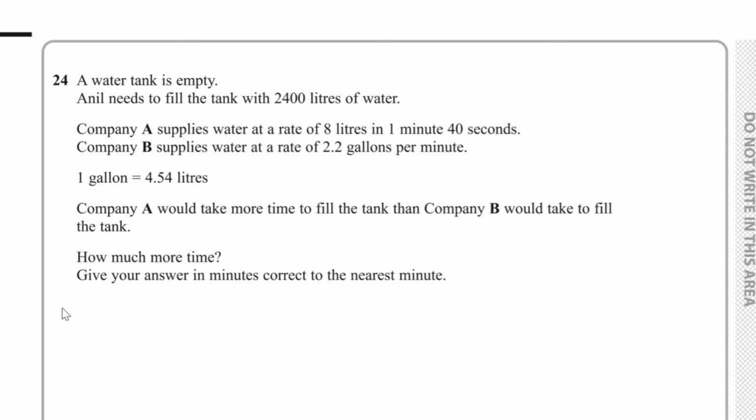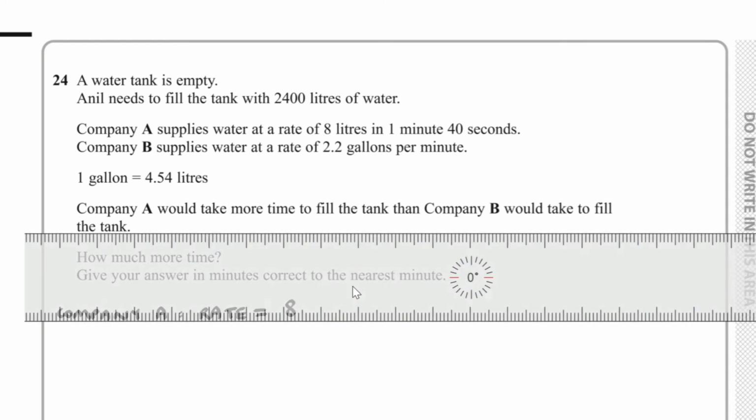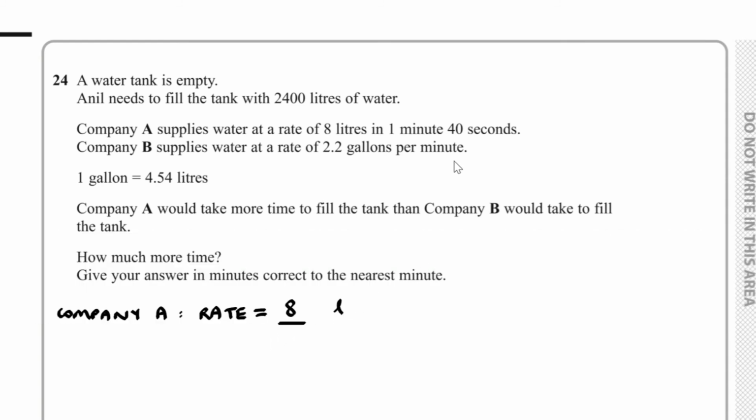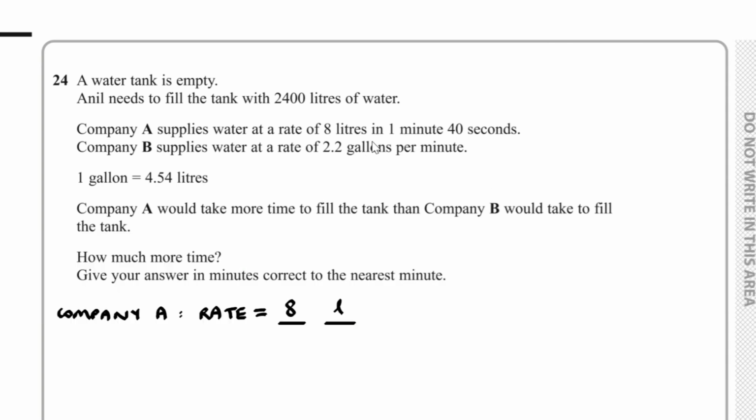Well, let's take a look at Company A. If I take a look at Company A, the rate is equal to 8 litres, and we're pouring it 8 litres in 1 minute 40 seconds.